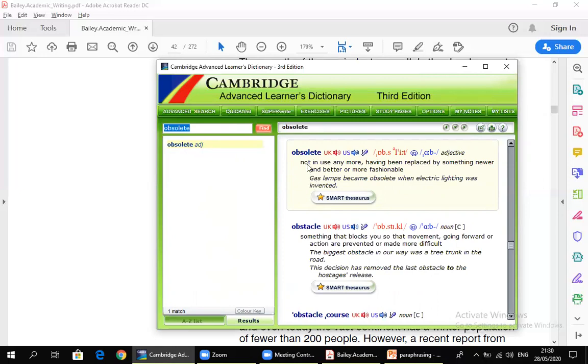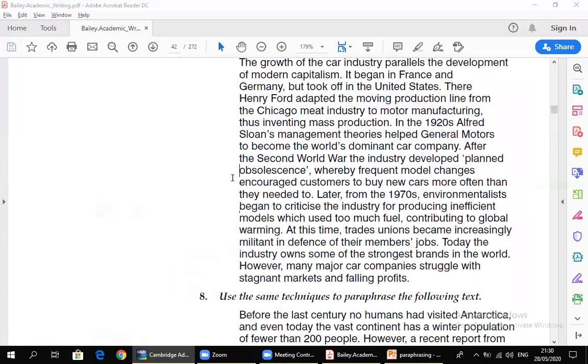Exactly, this one as well. Not in use anymore, something which has been replaced by something newer and better, more fashionable. Like products with built-in or planned obsolescence. Yes, the stress is on the second syllable, obsolescence.